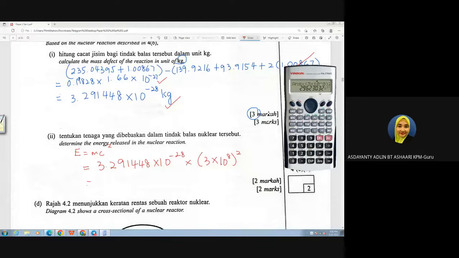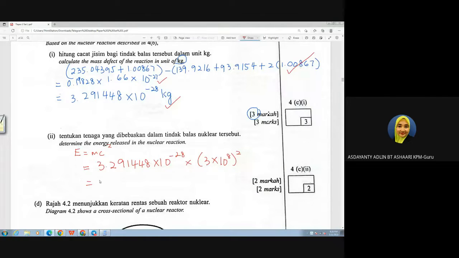So that's the answer, 2.9623 times 10 power of negative 11.